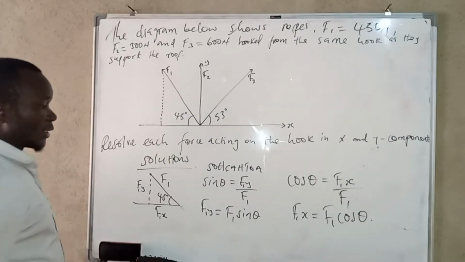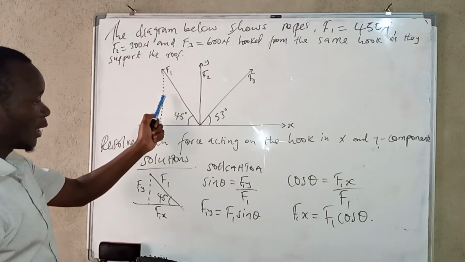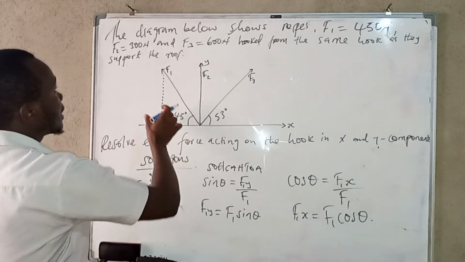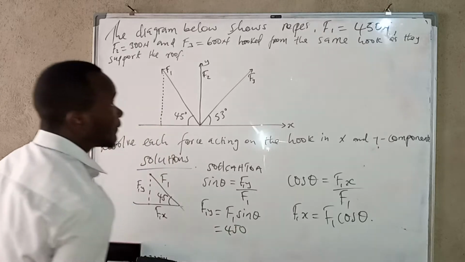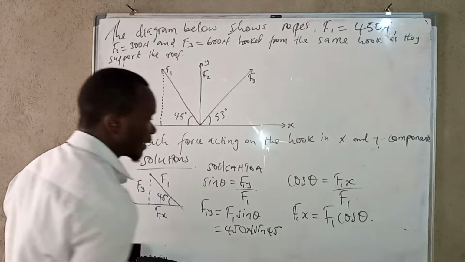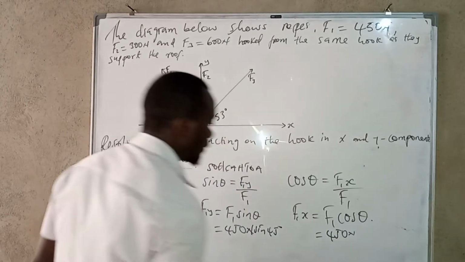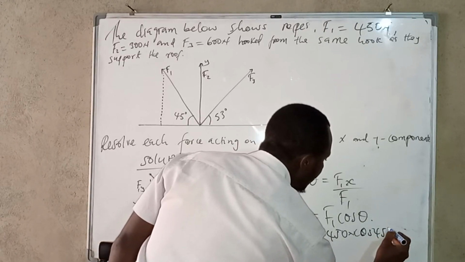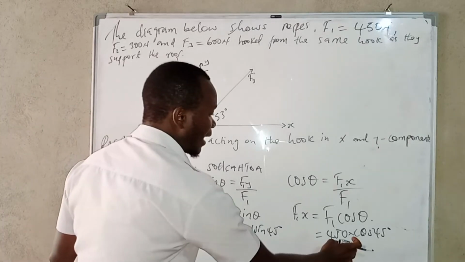Since F1 we know is 450, we have 450 newtons sine 45 degrees. Also here, 450 newtons cos 45 degrees. What we get here and here are the components of this force in x and y components respectively. So this is y, this is x.